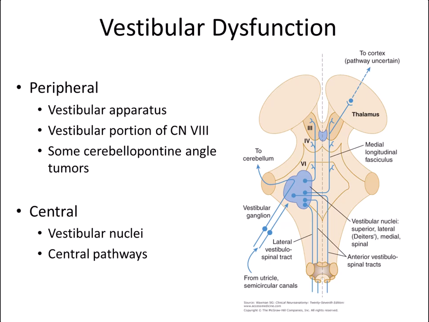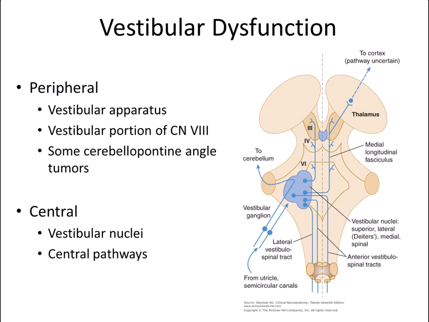Anytime a patient presents with vestibular dysfunction, always remember that this dysfunction can be due to the peripheral vestibular system or the central vestibular system. If it's peripheral in nature, then it may involve the vestibular apparatus or the vestibular portion of cranial nerve number 8.